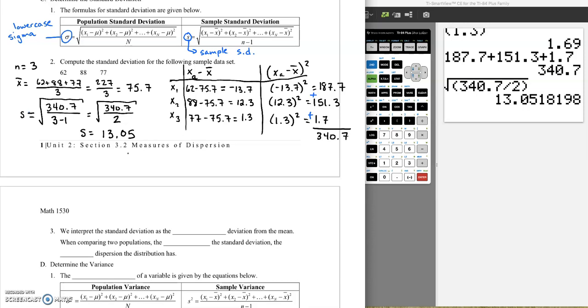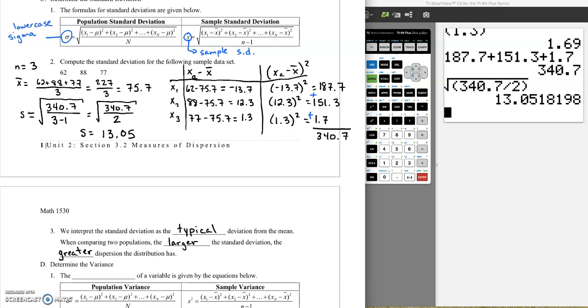Okay, so we interpret the standard deviation as the typical deviation from the mean. So when comparing two populations, the larger the standard deviation, the greater the dispersion the distribution has.